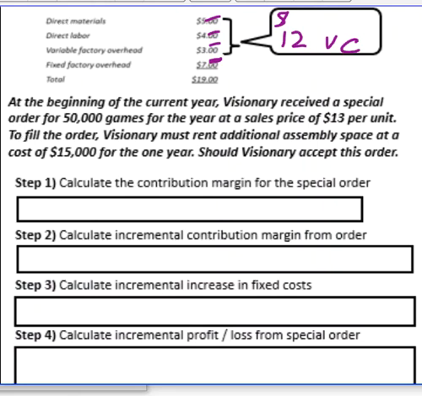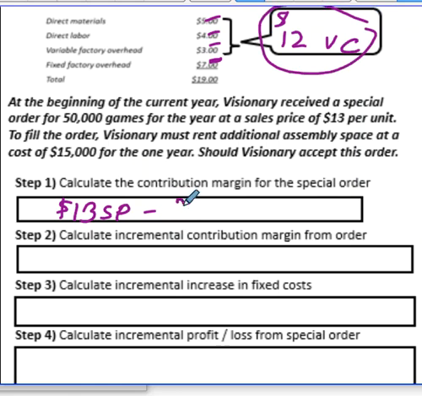And again, what we have to do is take the $13 selling price that Visionary would have to accept to earn that order for 50,000 games. So that's our selling price. From that then, we subtract out the variable cost associated with this particular order. That happens to be $12.